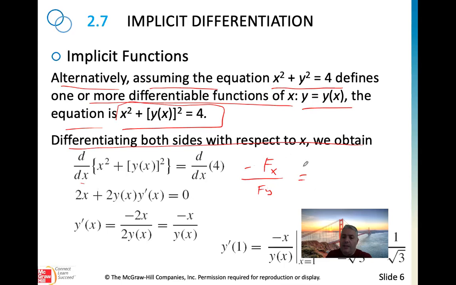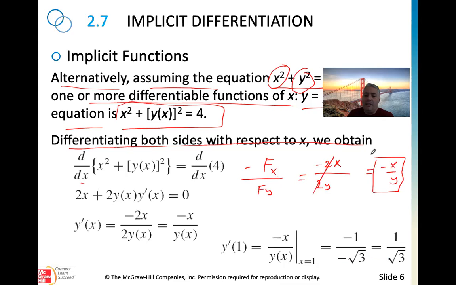What does it mean? When you have x squared, what is the derivative of x squared? It is 2x. In the formula, we have minus. When you take the derivative with respect to just y, it is now 2y. And when you simplify 2 and 2, the result is negative x over y. This is also the derivative of the given function.